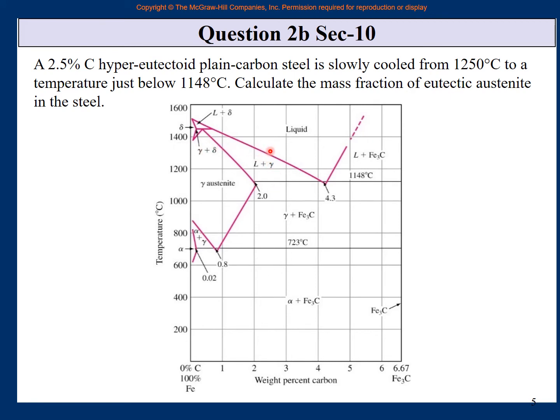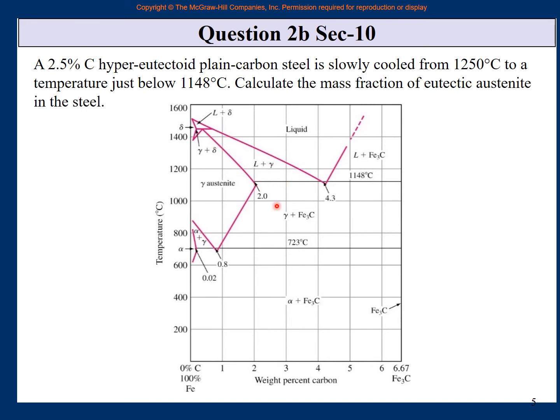And at 1250, you will see that if you go there, you are somewhere here. So it will be all liquid at that, if I am not wrong. And then from there you are cooling, right? Even if it was here, you are cooling from 1250 to just below 1148.